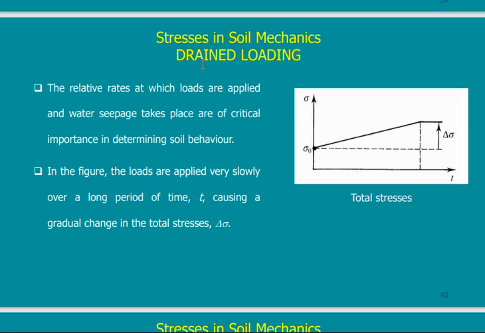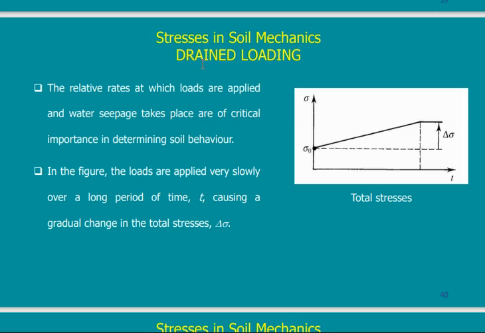The example that we just said, I have a building on sand and I have a building on clay. If I have a building on sand, once the load is applied, if there is water, it will be expelled immediately and the building will settle. If I have a building on clay, it will take longer time.